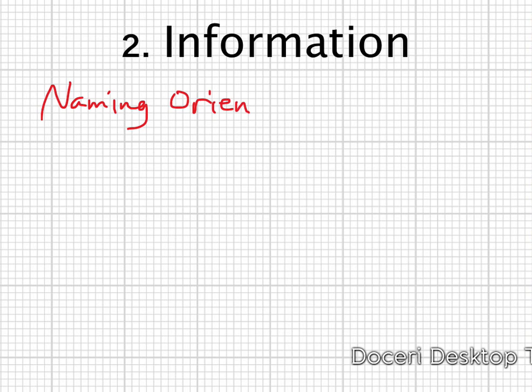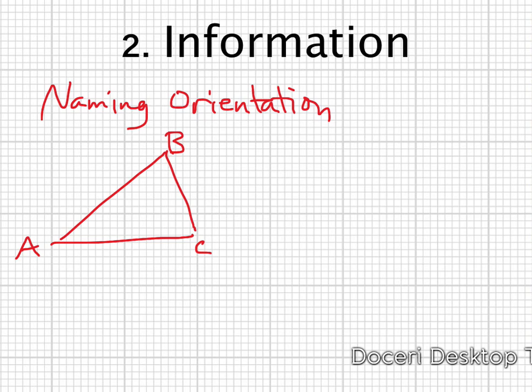And naming orientation basically is talking about how I name my object. So if I have a triangle ABC, I have labeled it in the clockwise direction, how a clock turns.